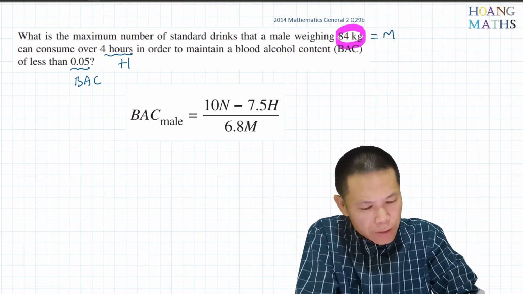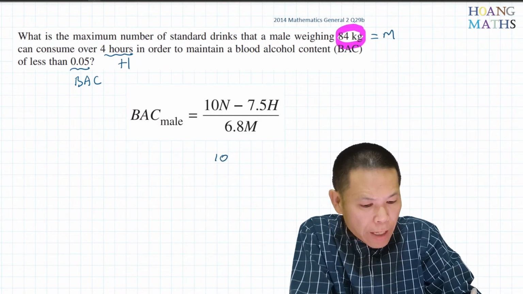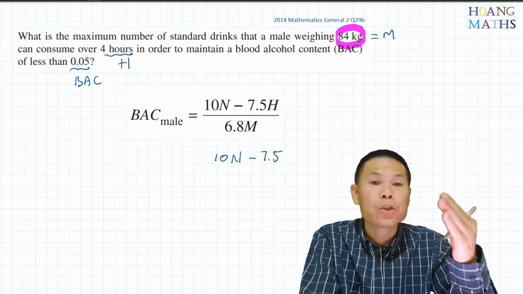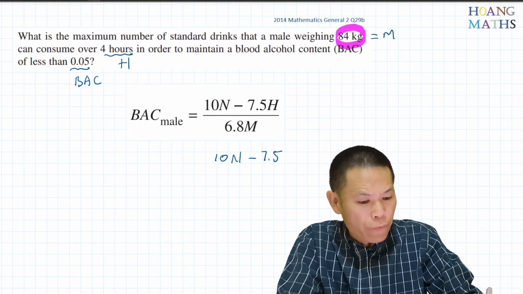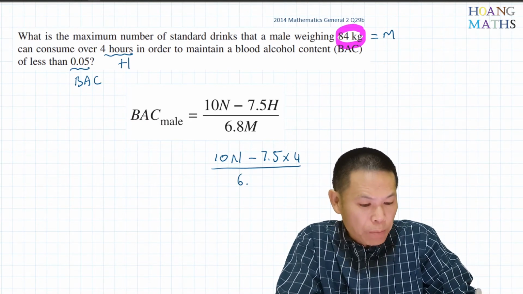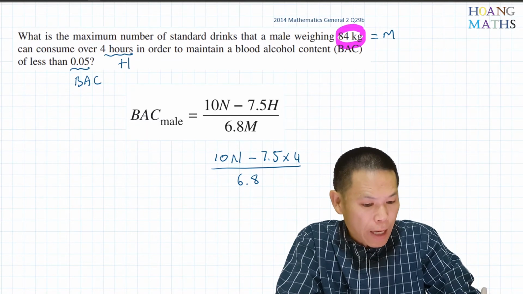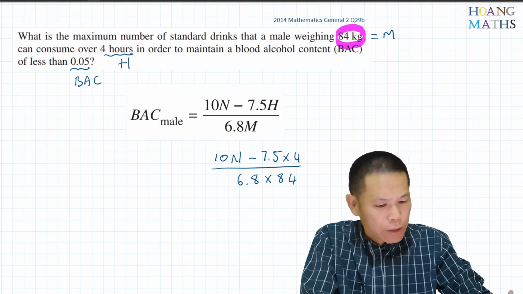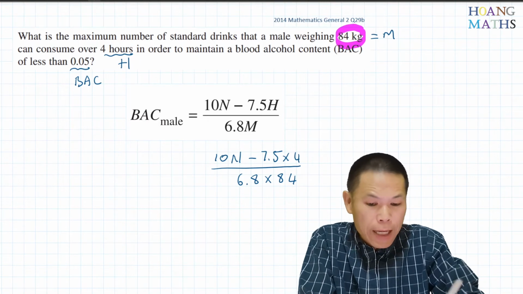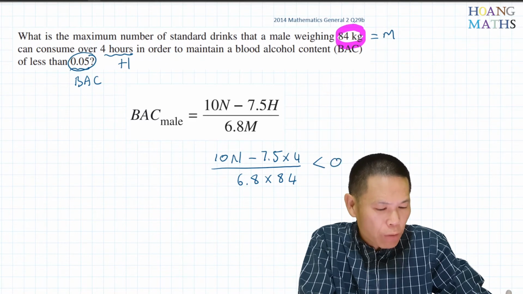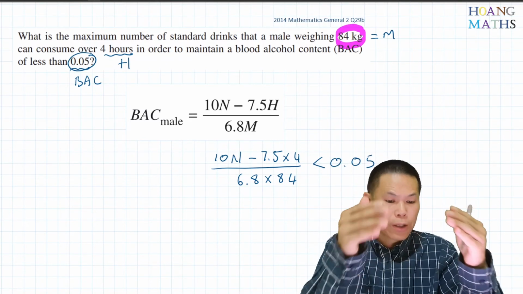That's all. So that is 10, and we don't know n, so we just write n down, minus 7.5 times H, which is 4, over 6.8 m. In this case, m is 84. This is to work out the blood alcohol content. But then we want this to be less than 0.05. So just write this, less than 0.05. So this is it.